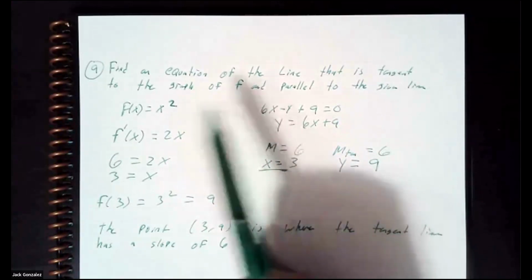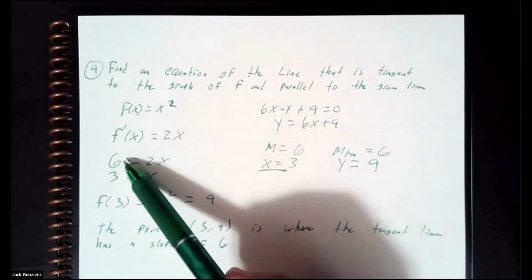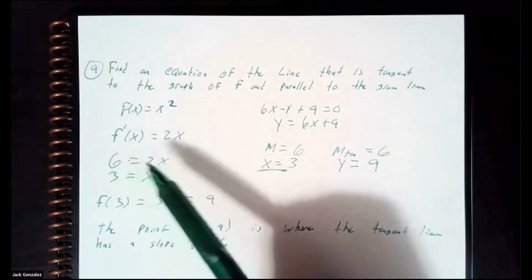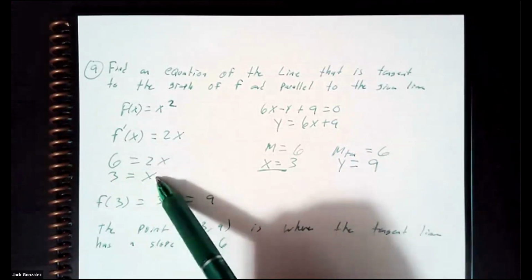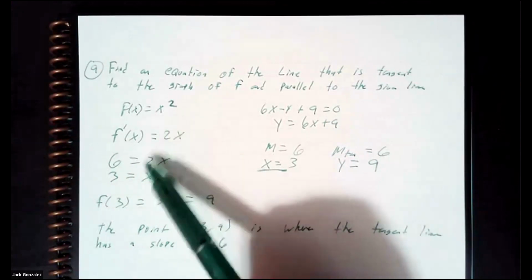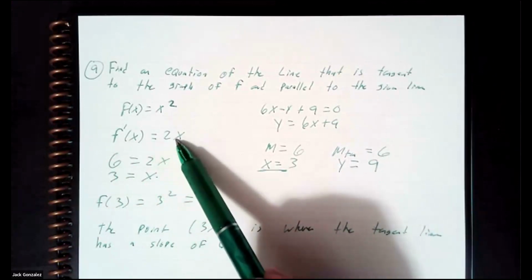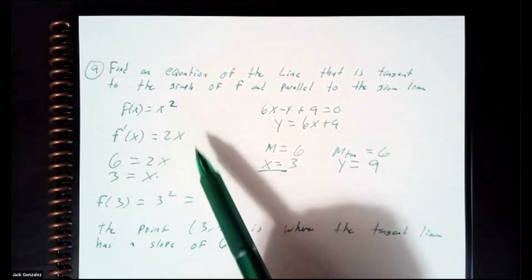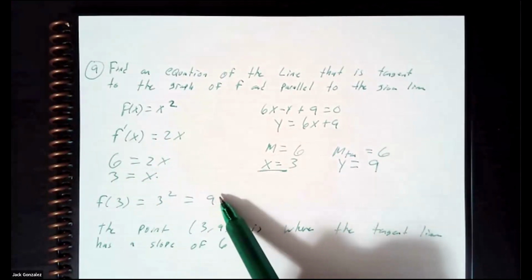So I set it equal to the derivative. And then I said, okay, well, if the slope is 6 with the tangent line, the location for that would be x equal to 3. To find the y value, I got to use the original function because the other one gives me derivatives. So I plugged it in there to get y, or f of x.